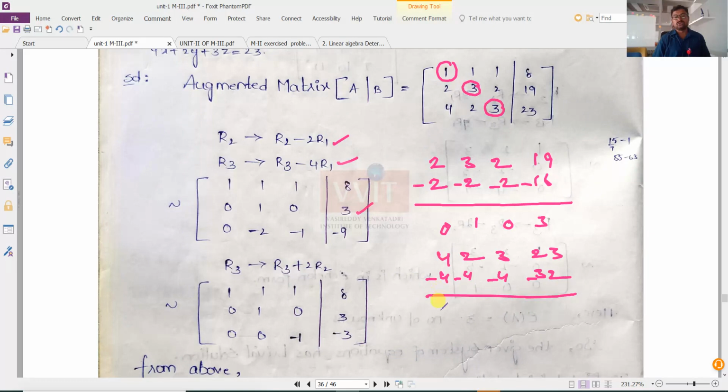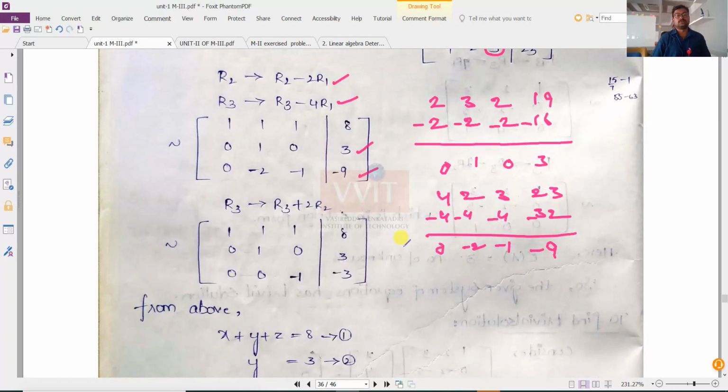So this would be 0. 2 minus 4 is minus 2, 3 minus 4 is minus 1, 2 minus 3, sorry, small mistake here. 3 minus 4 is minus 1, 23 minus 32 here, minus 9. That's what we get.